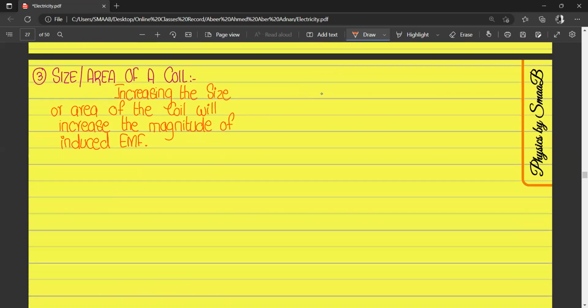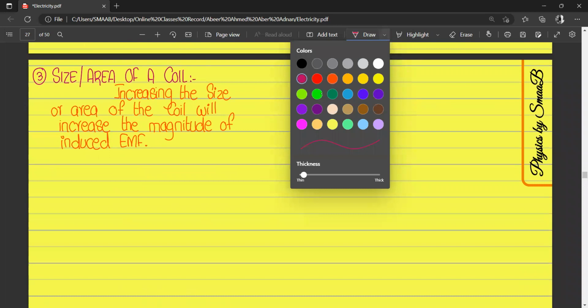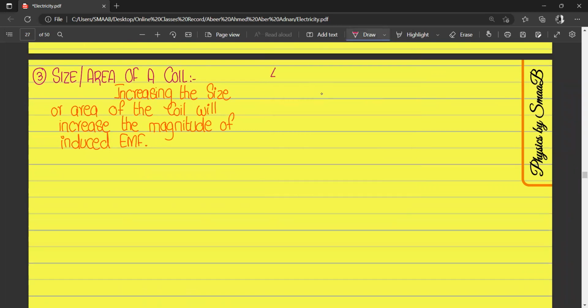Yes. So factor number 4 is related with the strength of magnetic field, and all factors are directly proportional to the induced EMF, right?